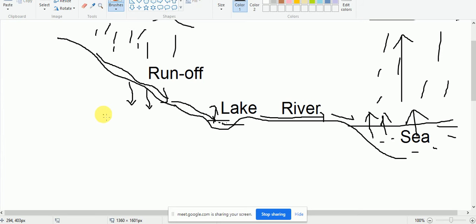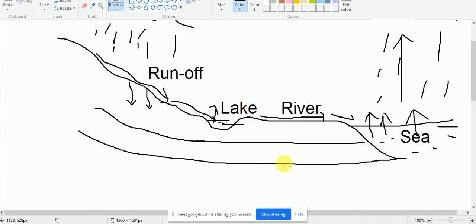And what is going on in the underground is that here in the underground also we have a layer containing water. We call it an aquifer, and this absorbed water will enter the aquifer, and this is also flowing towards the sea, and in the underground it will reach the sea.